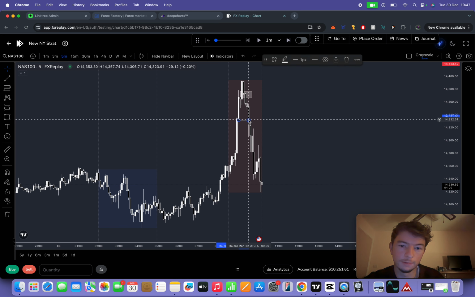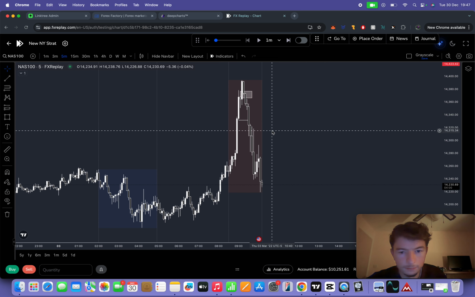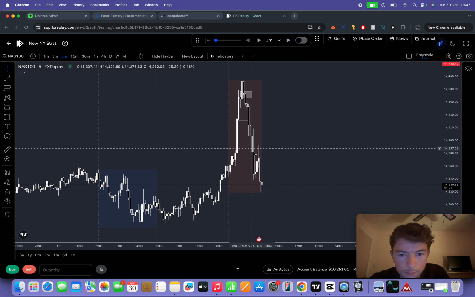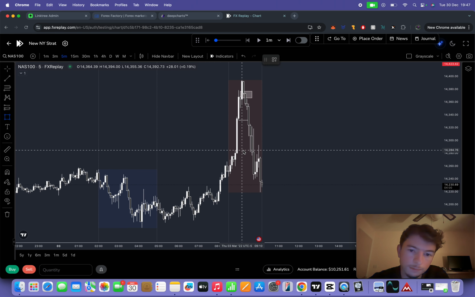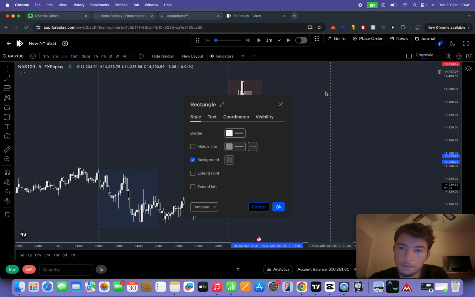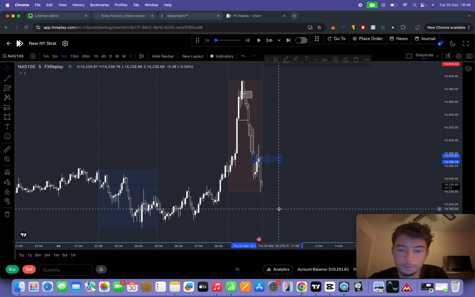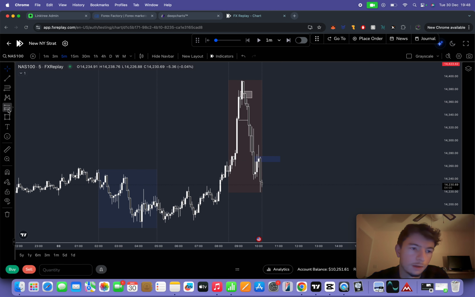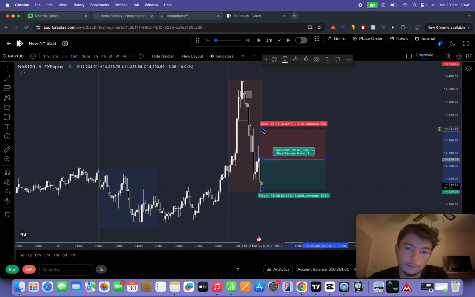Break of structure. 1, 2, 3, fair value gap here. Put that fair value gap there. Into short off that.